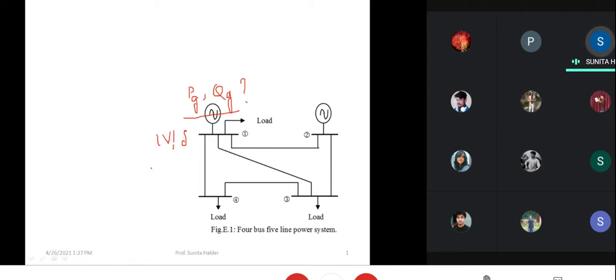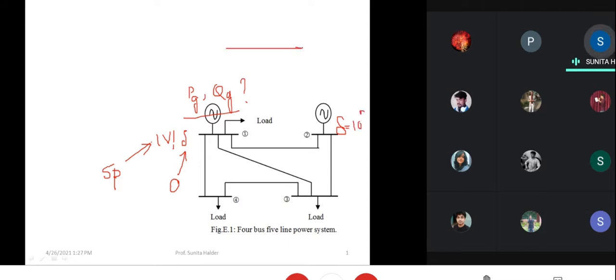For that particular generator, we specify this voltage. It should be maintained at its specified value under any condition. And delta we make 0. If we make delta 0, then if delta of this generator comes to 10 degrees, that means it is with respect to this generator.